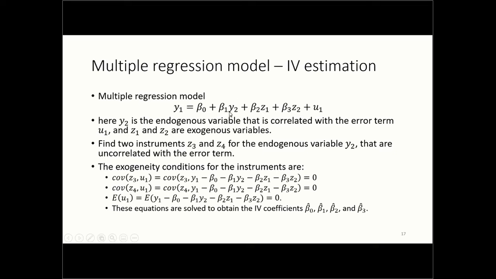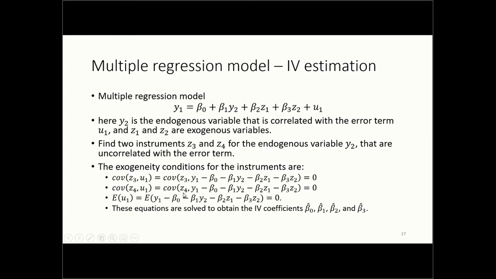So we want to have some instruments for this Y2 that are uncorrelated with the error term. And so the exogeneity conditions for the instruments are that the covariance of an instrument, Z3, and the error term should be 0. The covariance of the other instrument, Z4, and the error term should be 0. So if we replace y1 with the expression that we have up above, this is what we're going to get.